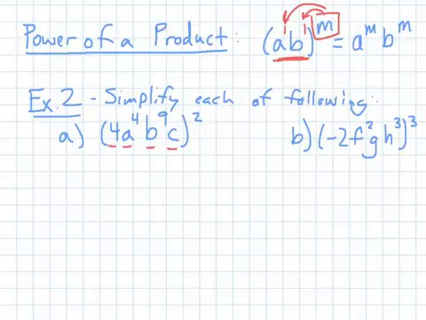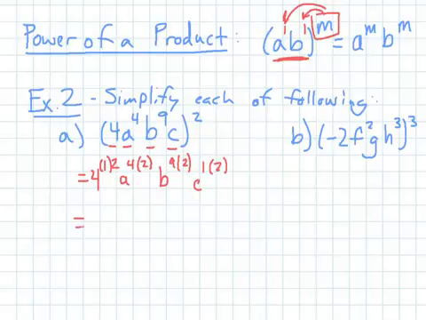So if I put that through using my property, 4 to the second, a to the 4th to the second, and b to the 9th times 2, and c to the 1 times 2.